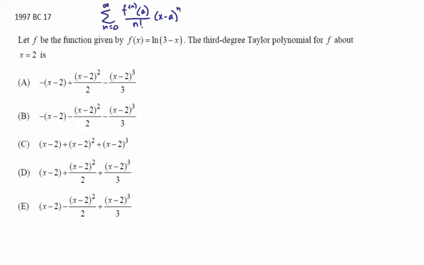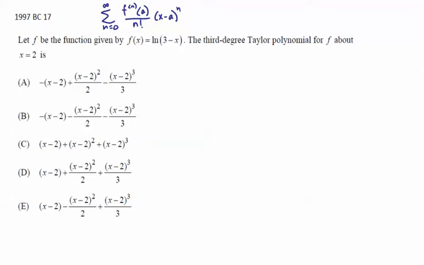And so I've written here the general form of the Taylor polynomial. Each term consists of the nth derivative of the function f, evaluated at a, the center, divided by n factorial, times x minus a, again the center, to the nth power.